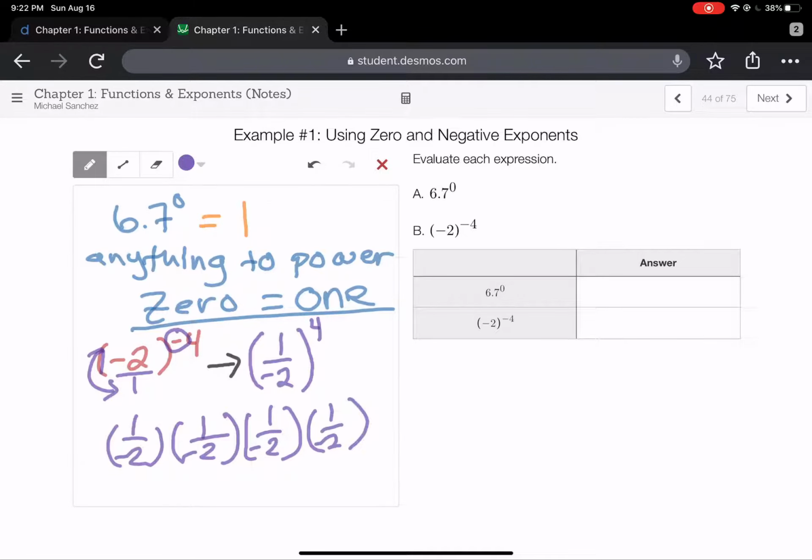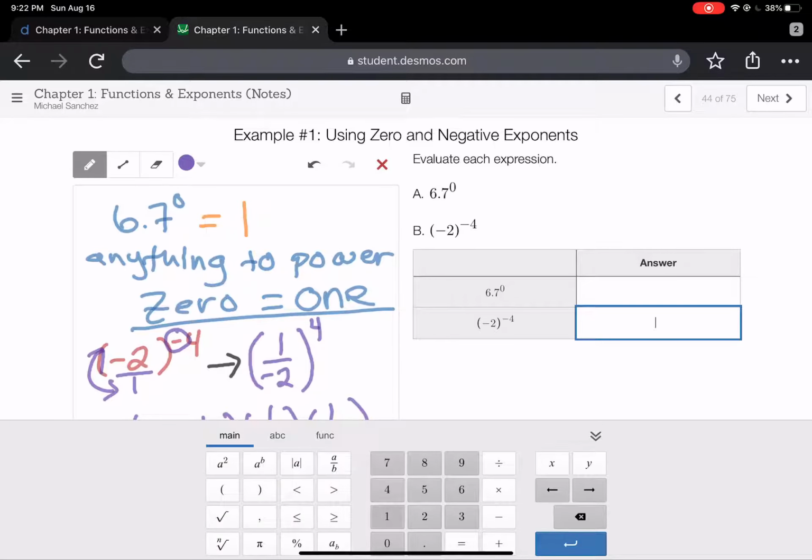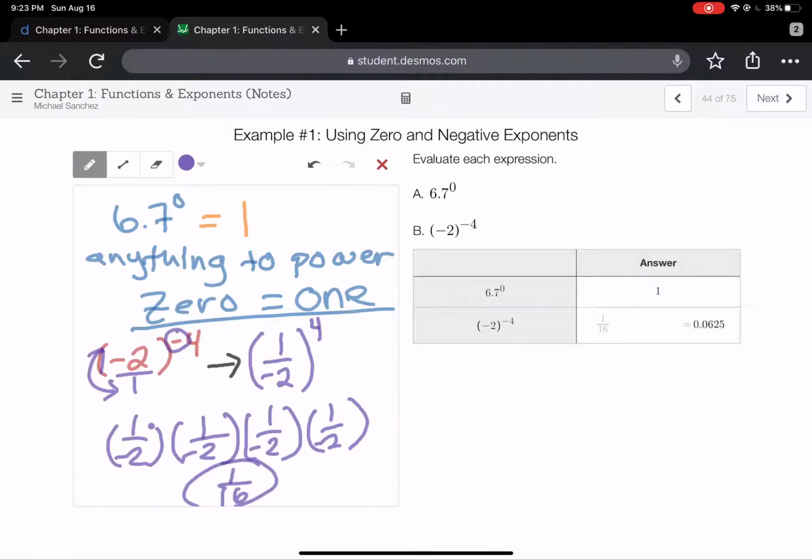So that becomes 1 times 1 times 1 times 1, which is 1, and then 2 times 2 times 2 times 2, which is 2, 4, 8, 16. A negative times a negative becomes a positive, times a negative is a negative, times a negative is a positive. So we have positive 1 over 16.